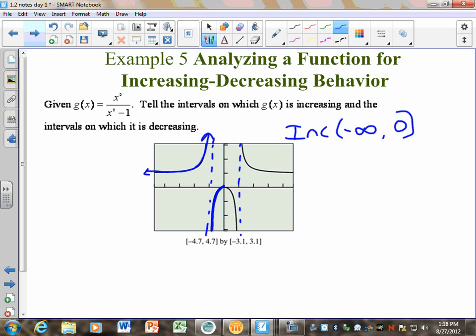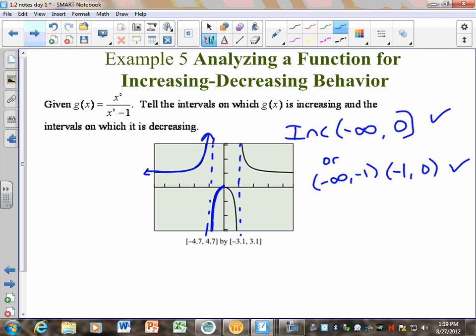If you wanted to say negative infinity to negative 1, and then from negative 1 to 0, because you're saying the asymptote shouldn't be included, right? I get that, and I agree because the asymptote isn't part of my graph. But because we're just looking at the domain values, that's why this is okay. But I would never mark that wrong either. Does that make sense? Both would be acceptable answers.